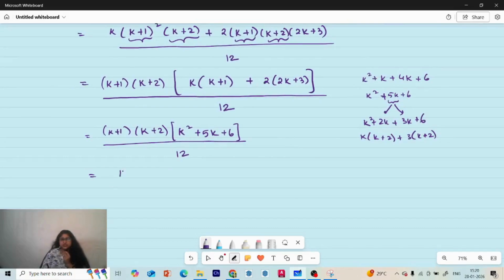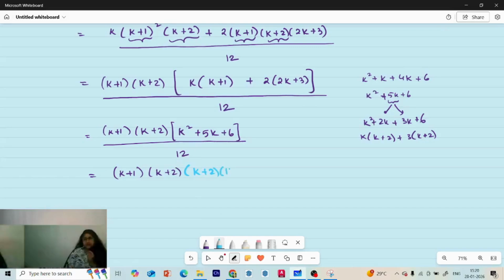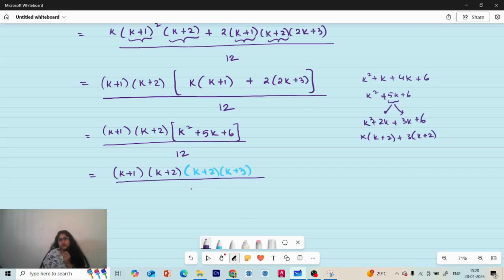So this is nothing but k plus 1 into k plus 2, and these factors are k plus 2 into k plus 3, okay, whole divided by 12. So what can this become? K plus 2 is multiplied twice, so it's going to become k plus 1 into k plus 2 whole square into k plus 3 by 12.